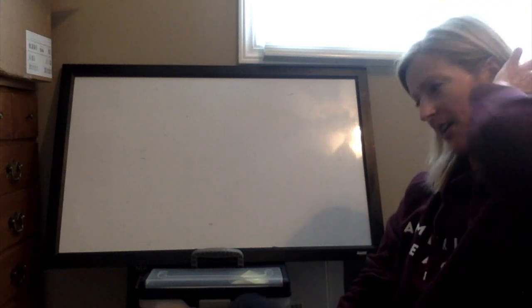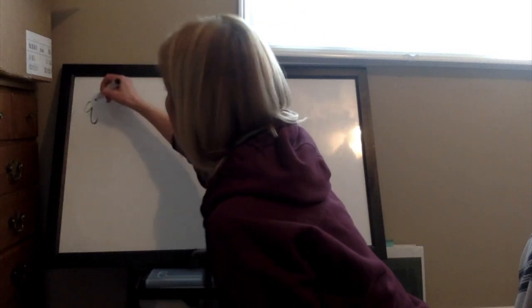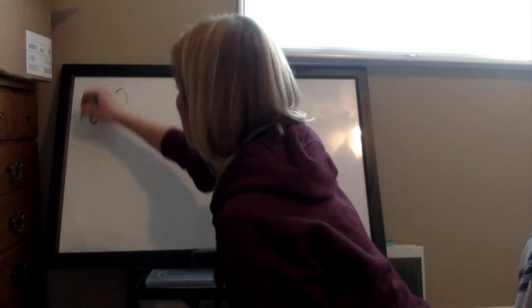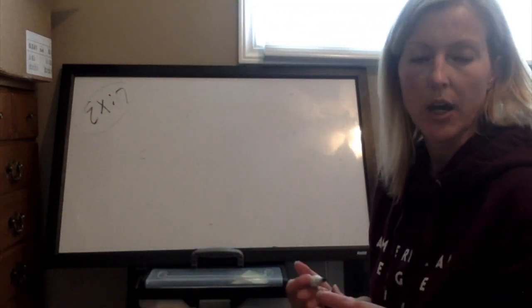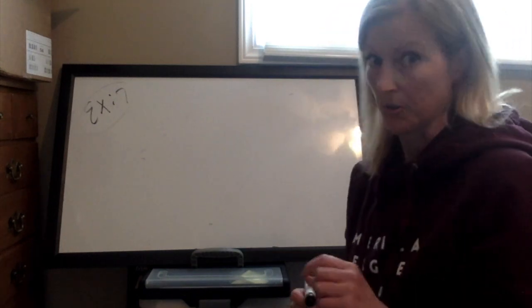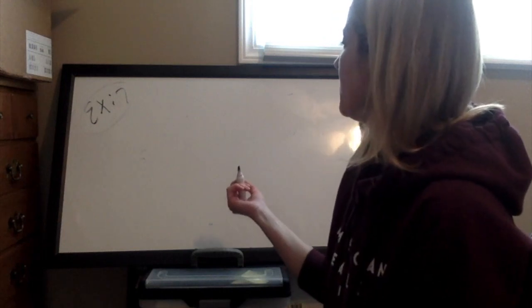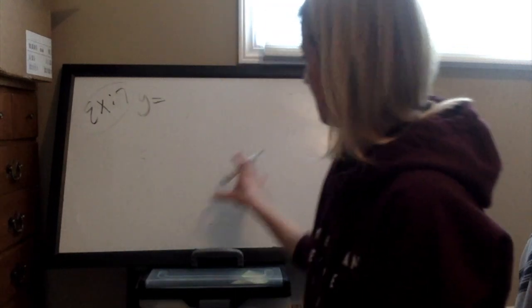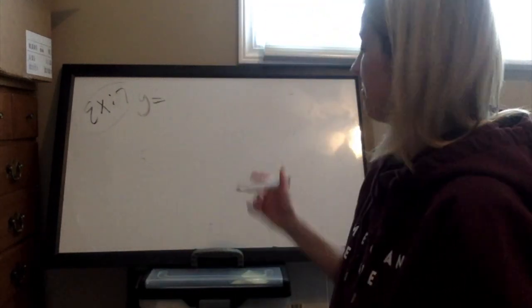So if you guys have unpaused by now, we're going to move on, and I'm going to do example number 7, because you guys just did 3 through 6, supposedly. Okay, so number 7, they give you an equation, and that equation is, now that I've put that fancy spray on, my markers are having a harder time.